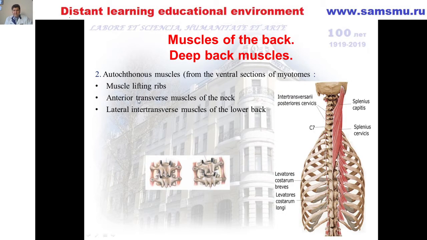You may see and read about this muscle on this picture. And lateral intertransverse muscles, musculi intertransversarii laterales lumborum. These are in the more mobile parts of our spine, neck or cervical and lumbar.